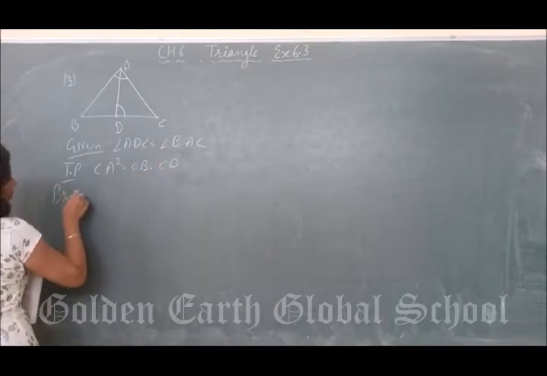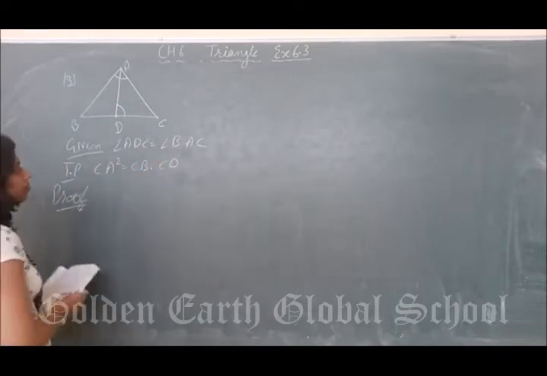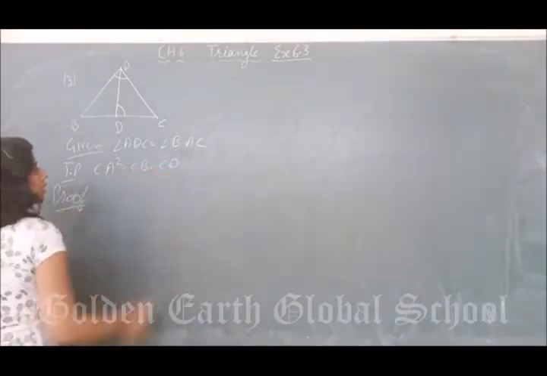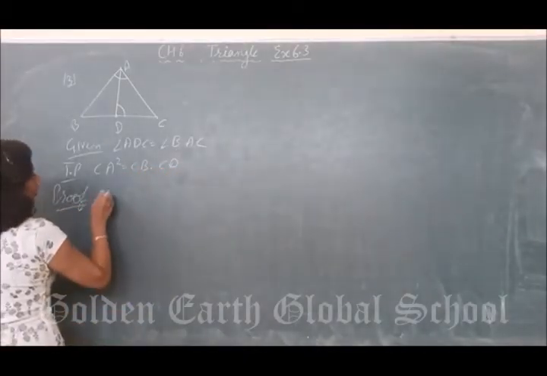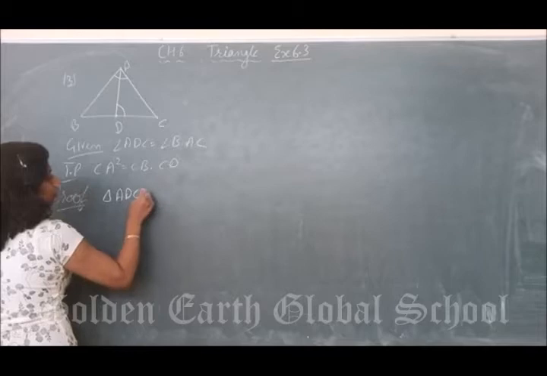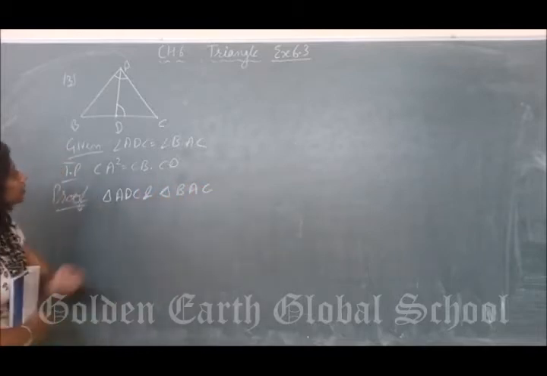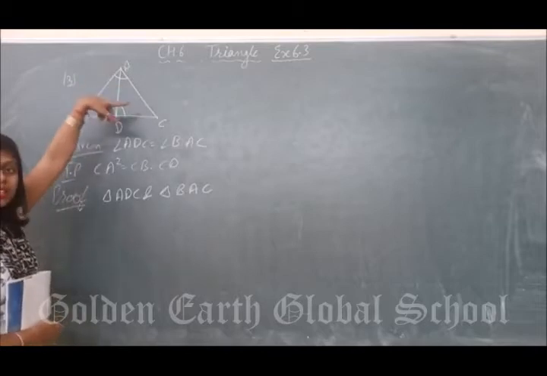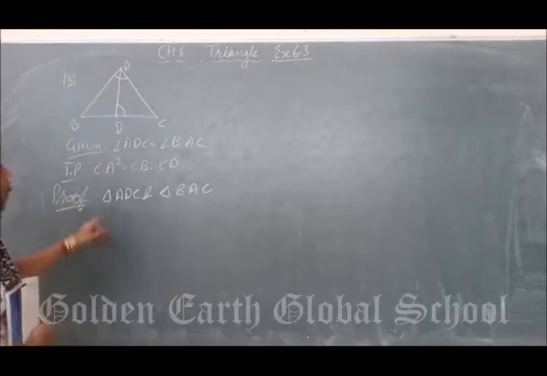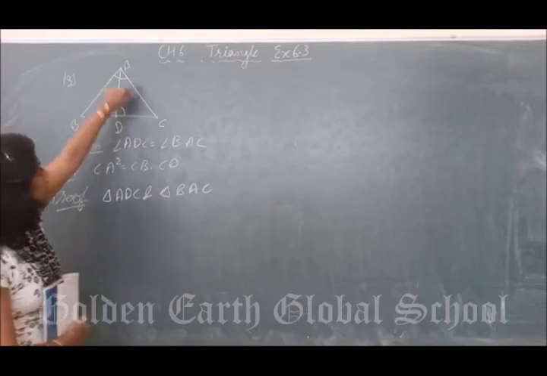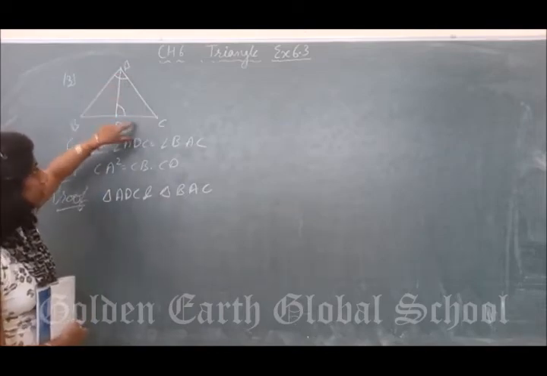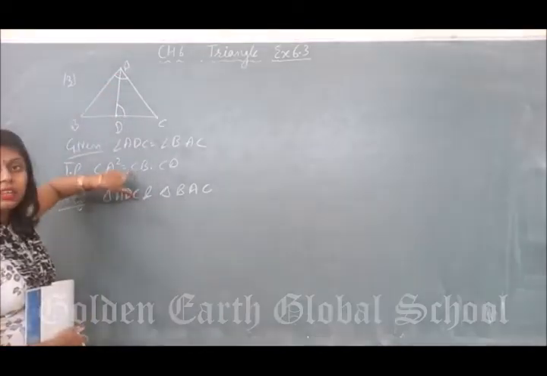To prove, consider the triangles in which all the sides are present: triangle ADC and triangle BAC. This smaller triangle and this complete triangle, because from the smaller triangle we need CA and CD, and for the bigger triangle we need CB and CA.